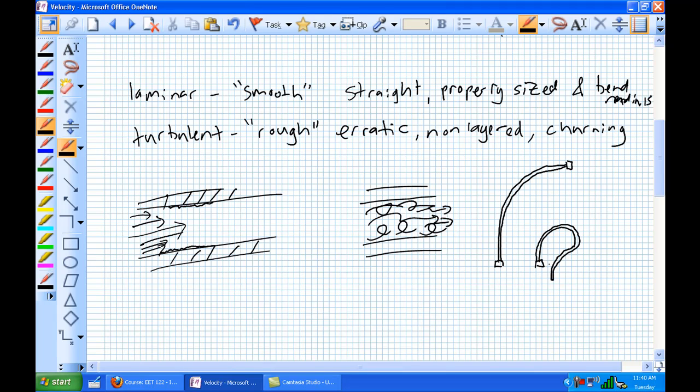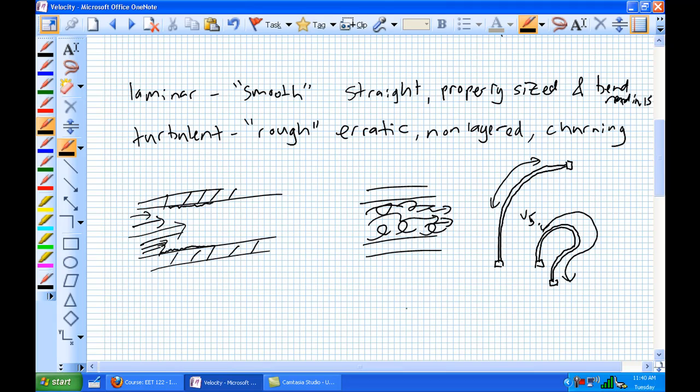What would happen if your hose was like this? Not so good. This is a nice, long, smooth pass versus this twisted passageway. Just think about all the possibilities to generate turbulence.